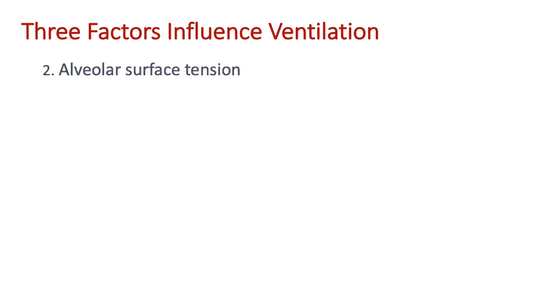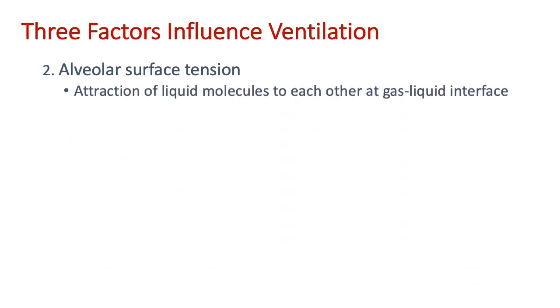A second factor that influences ventilation is the alveolar surface tension. Remember, water molecules are attracted to one another. The alveolar wall is moist, and the water molecules along that wall are attracted to each other, which leads to a decrease in the size of the alveoli or a collapse of those alveoli.